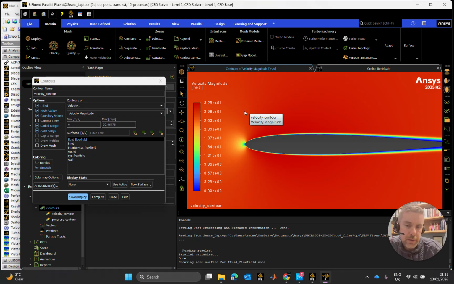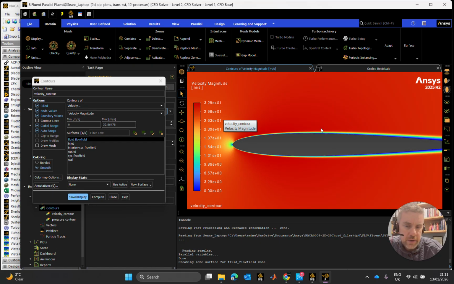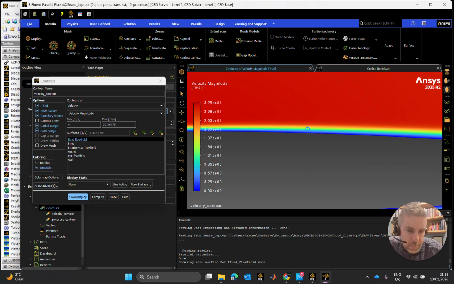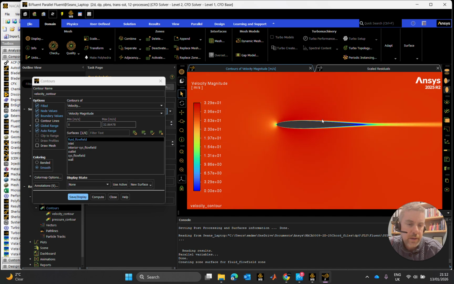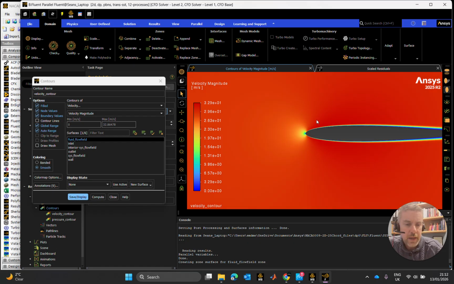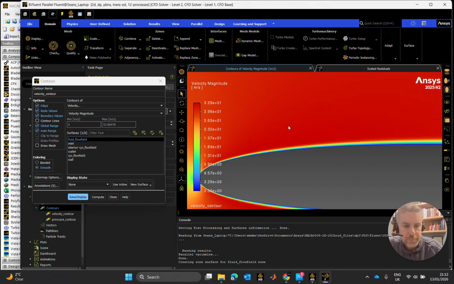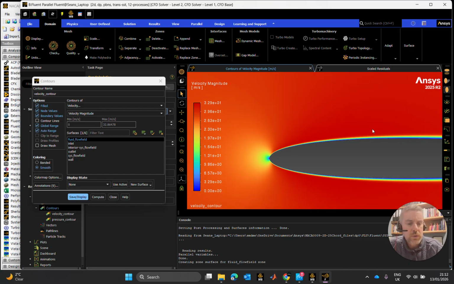So despite 29 meters per second coming in at the inlet, I have an accelerated flow in places where I have the darker reds, which is going to happen right at the tip of the boundary layer, at about 99% of its thickness. I'll see a very high speed there.